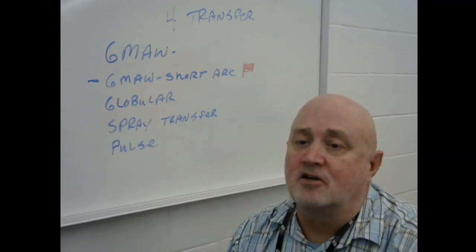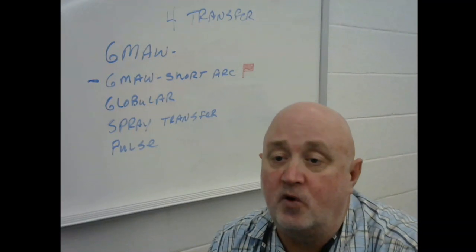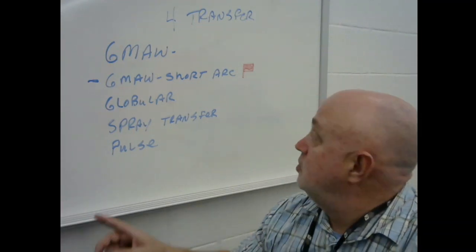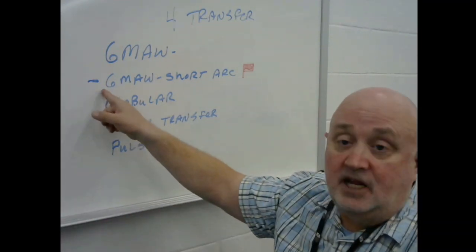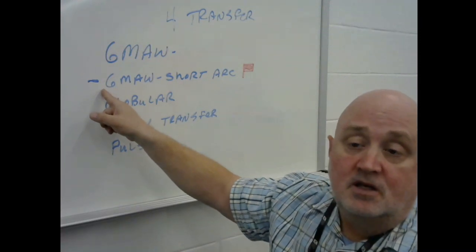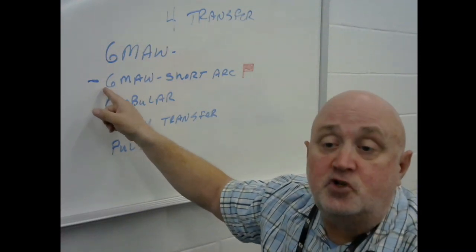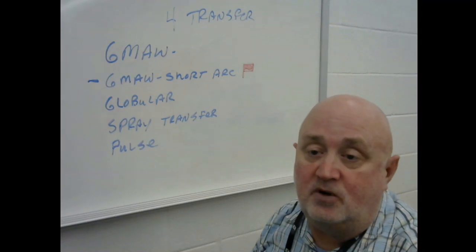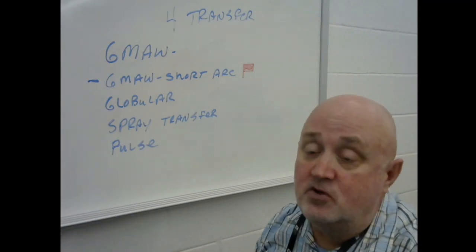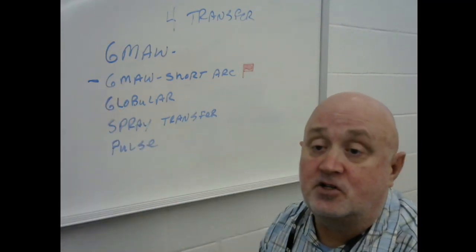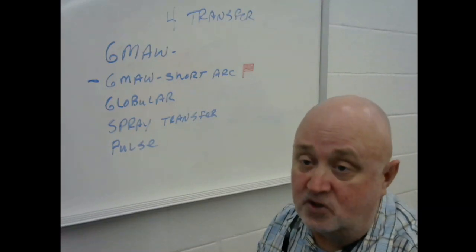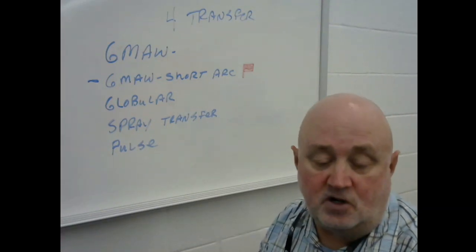So this is why the codes, AWS D1.1 specifically, you can use GMAW short circuiting, short arc, in a weld procedure, but you cannot use it in a pre-qualified weld procedure. And if you're going to use it, you need to understand what you're doing and have proficient welders and really qualify the procedure.